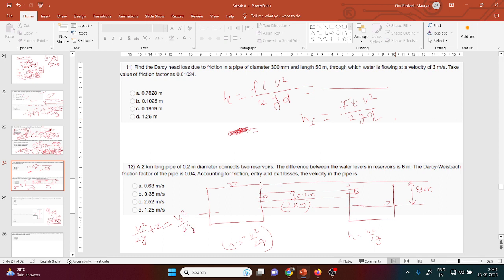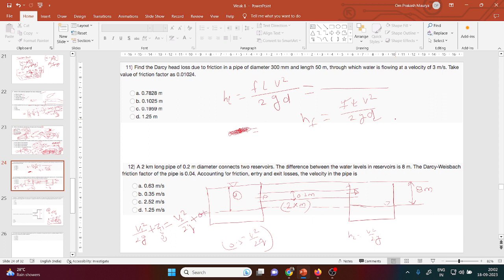Here you can take the V1 plus Z. Z is how much? Here the Z is not, because at that point your H was 8, that is your Z1 is equal to 8, but your water level is this much, so here the datum is this much, so it is 0.